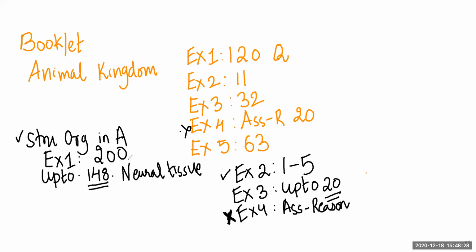Exercise 1, if you have 197 questions, that's okay. But I think the questions of neural tissue are up to 148 only. So you have to do only up to neural tissue. Correct.